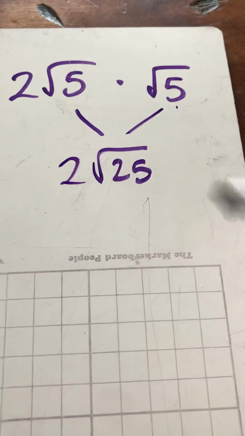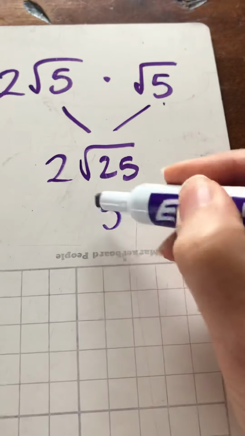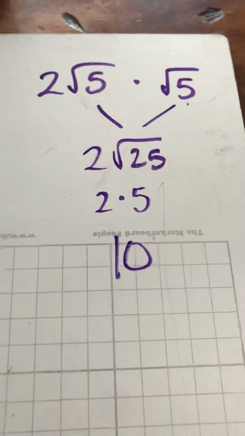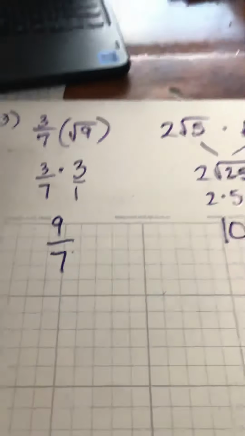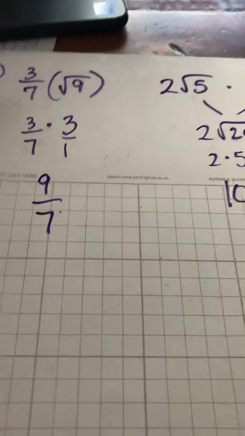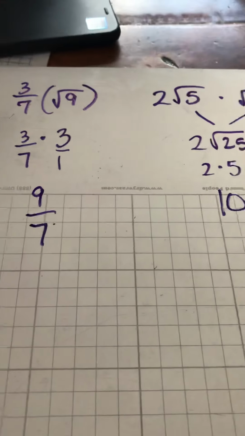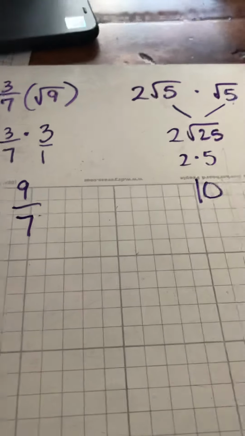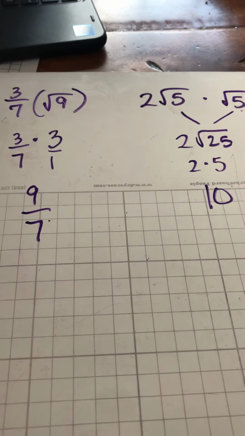Well, we can simplify the square root of 25 to be 5, and then 5 times 2 is 10. So that answer is also rational. So you got most of that correct. There were 10 expressions. You got 8 of them correct. Just those two ended up also being rational.